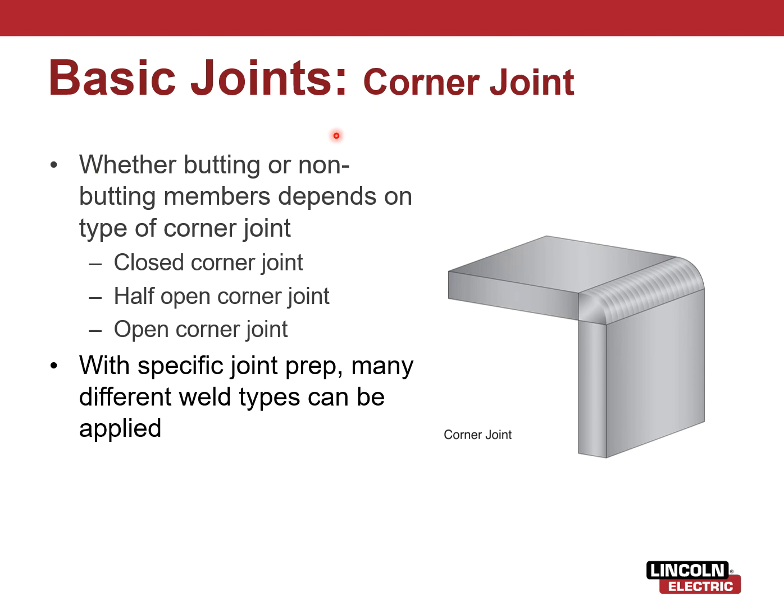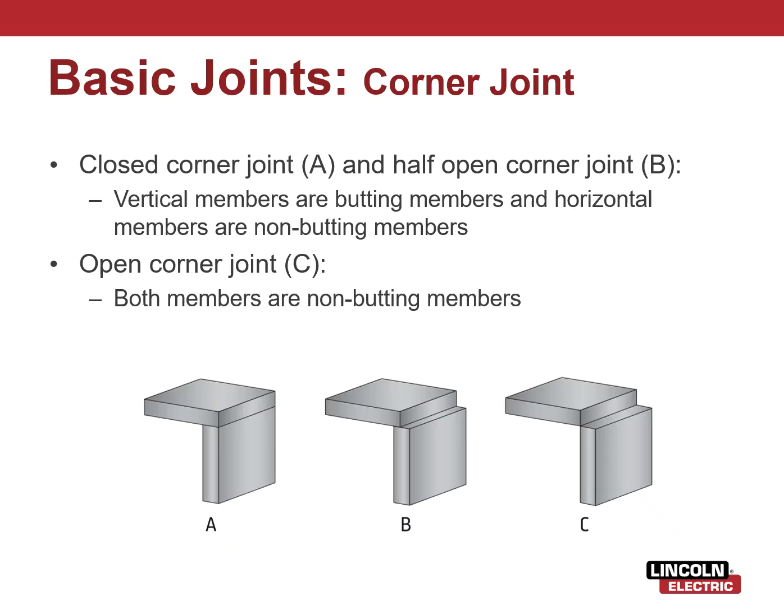Now your corner joint. Whether or not these are running into each other, you can see right now that if this vertical piece kept going, it would not be running into it. So whether this is butting or not, it is considered a corner joint. This is an open corner joint. You have half enclosed corner joints.